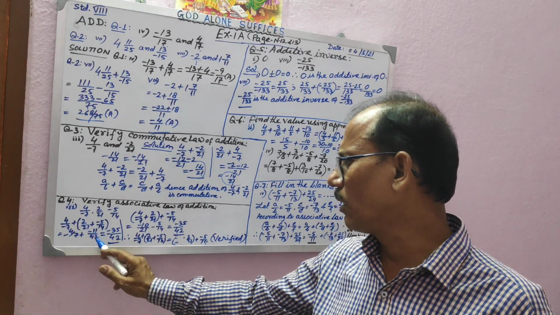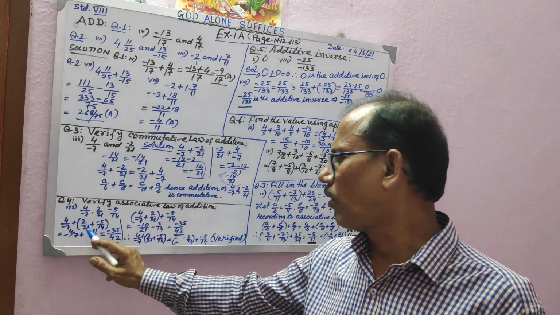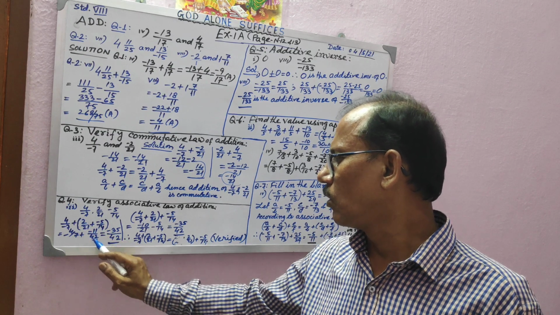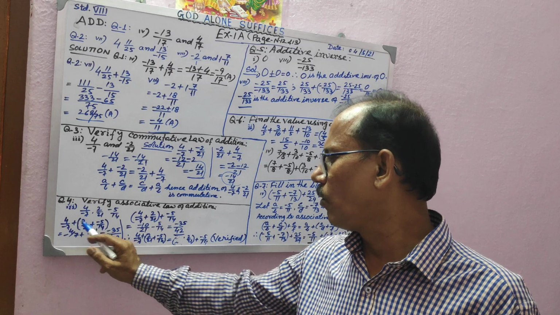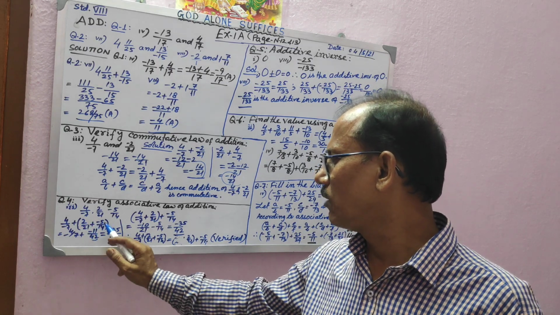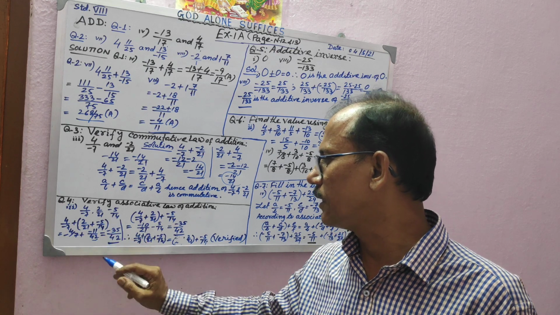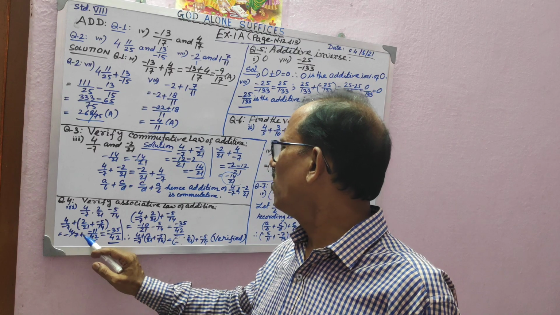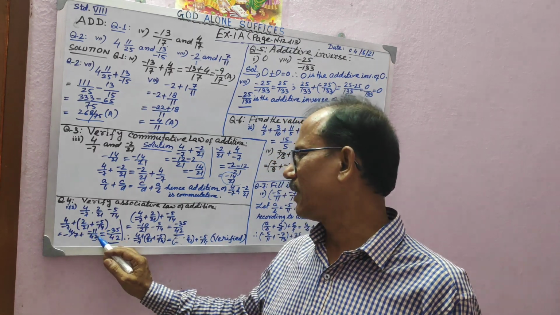First you do the bracket work. 42 will be the LCM of 21 and 14. So 21 twos are 42, 2 into 2 is 4, plus minus sign, and 14 threes are 42, 3 fives are 15, minus 15. So minus 15 and plus 4 will be minus 11, isn't it?